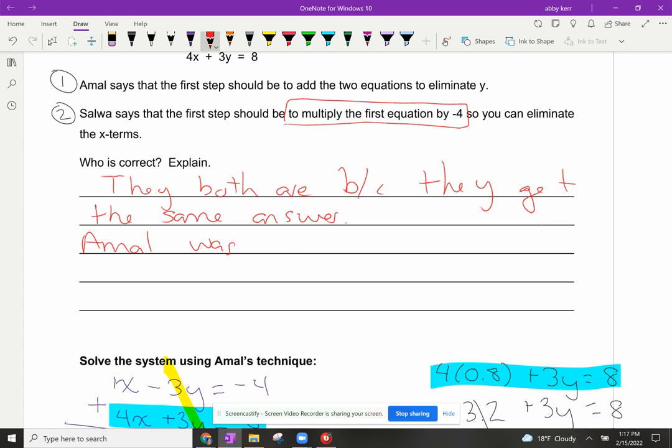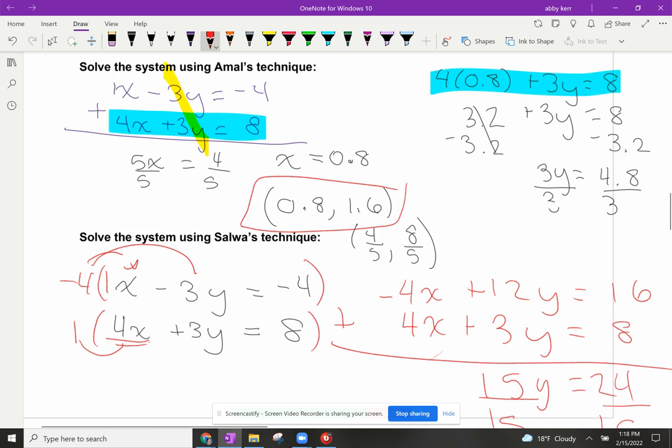Amal was able to cancel the y's, and Salwa canceled the x's first. There is no right or wrong way as long as you create opposites. That's all you need to do.